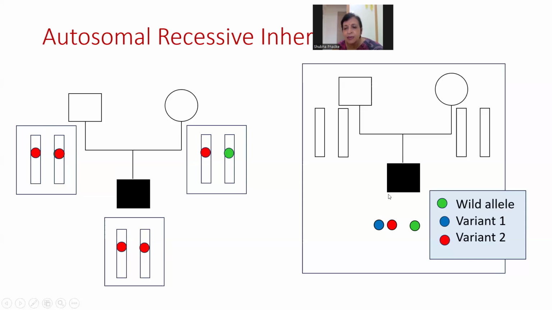While if you get three variations in an individual, one is wild and the other two are probably different. They are not normal.